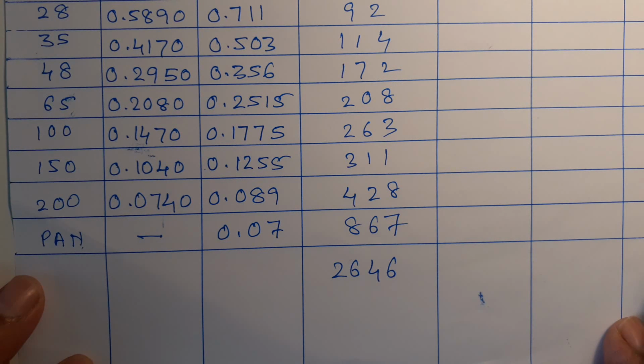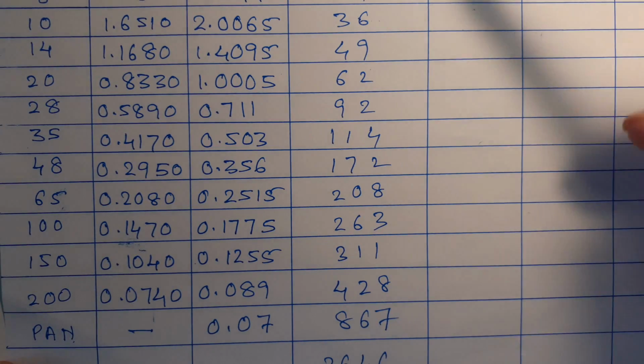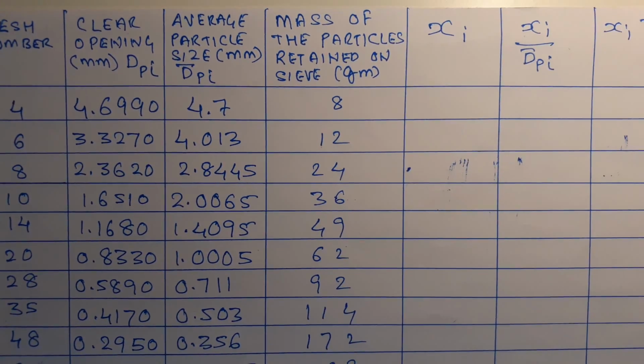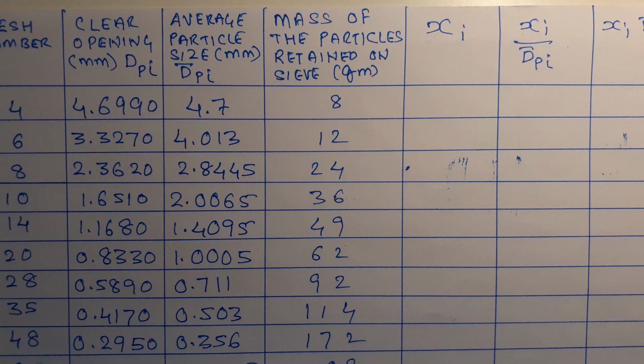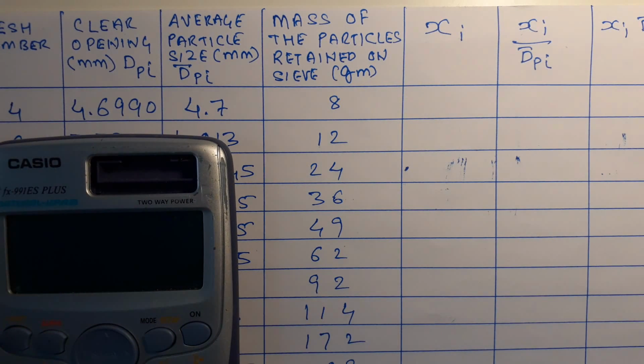This will give the values inside the column denoted by xi, that is the mass fraction of the solids retained on the screen. So let me give you the first value, that is 8 divided by 2646.